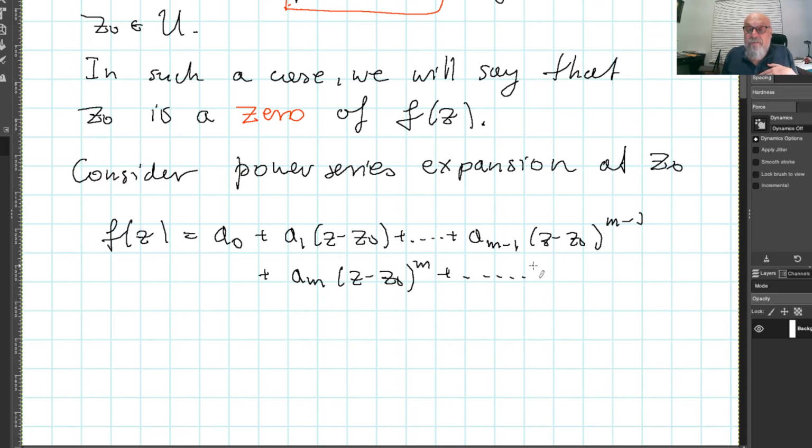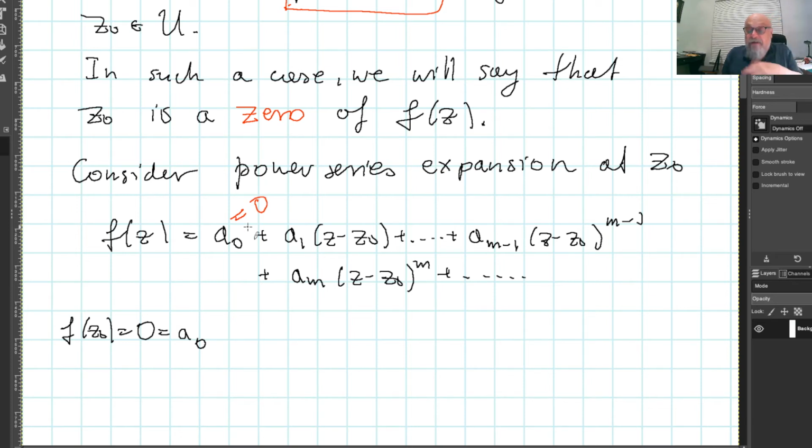So what does it mean that f of z0 is equal to 0? Look, if you plug in z equal to z0 everywhere, you're getting 0, 0, 0. So that means a0 must be 0, because that is the value at z0. So here we have a 0.